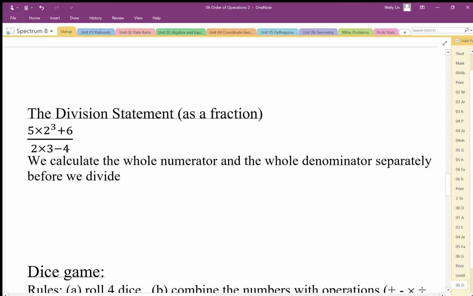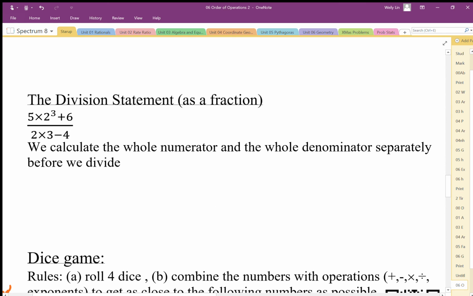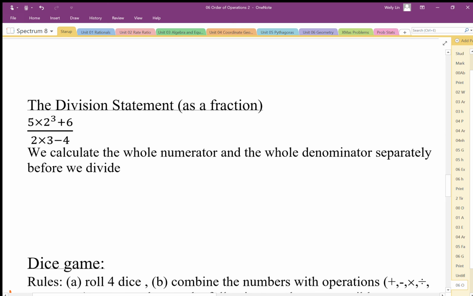So I talked about this part a little bit before, in that the division statement, we really want to start using a fraction. Because if I wrote this out in a line, 5 times 2 cubed plus 6 divided by 2 times 3 minus 4, well, this is really very different than what this calculation is.